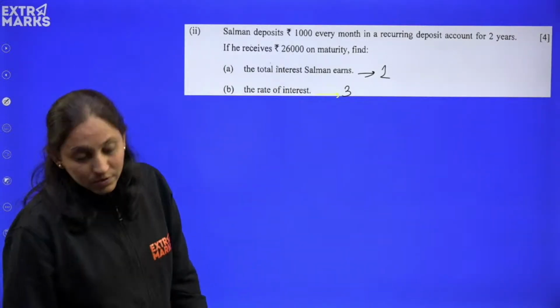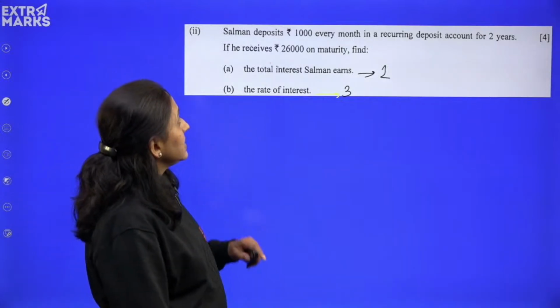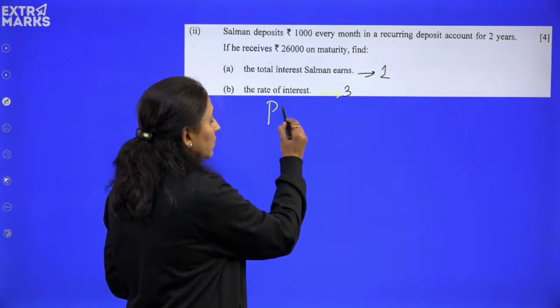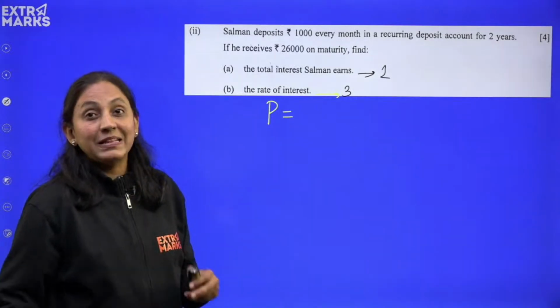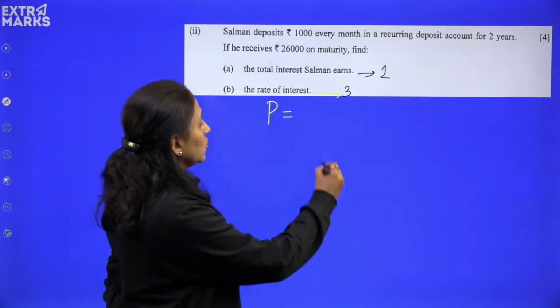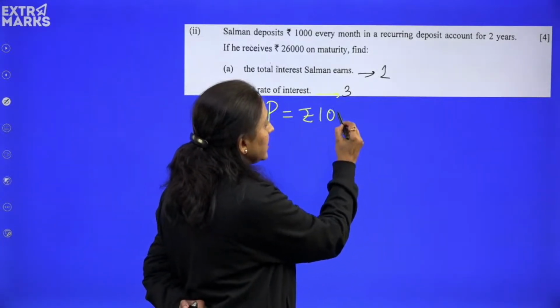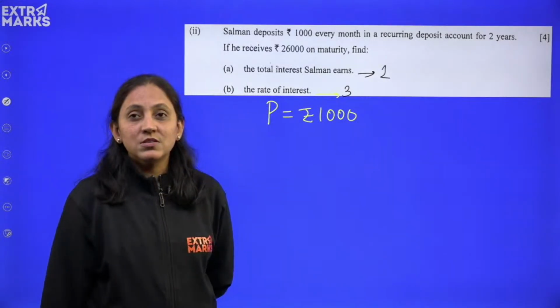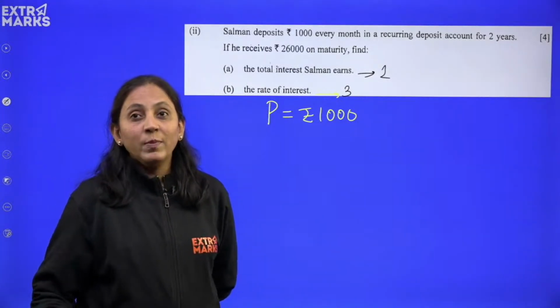Okay, now coming to the problem here, it says that Salman deposits 1,000 rupees every month. So the monthly deposit amount we normally represent by P here. So P is rupees 1,000, for 2 years. So this is one part of the problem where you may go wrong.